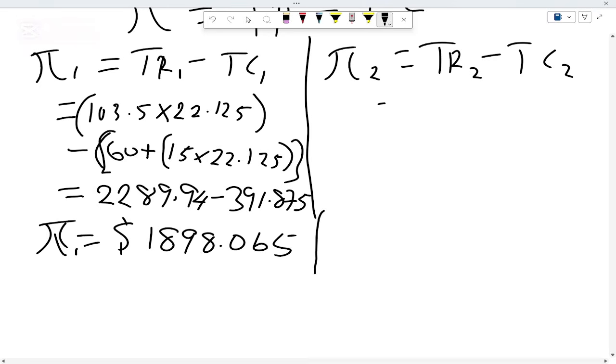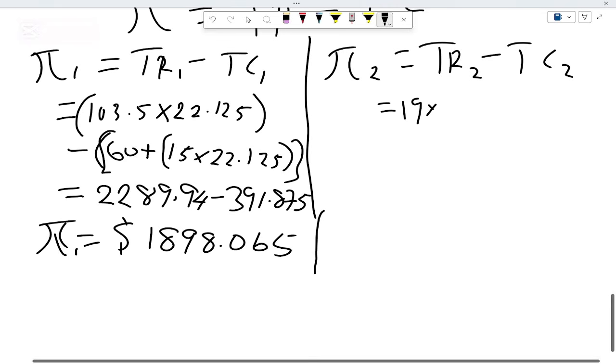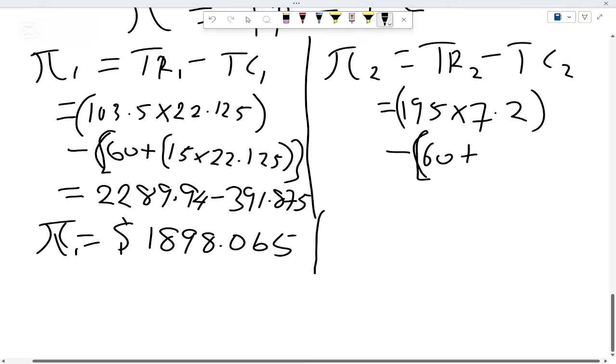Now, what about the second market? You have total revenue as what? Price, which is 195, multiplied by quantity, which is 7.2, all in bracket, minus the total cost for the second market, which is 60 plus, with a smaller bracket in there, 15 multiplied by 7.2.